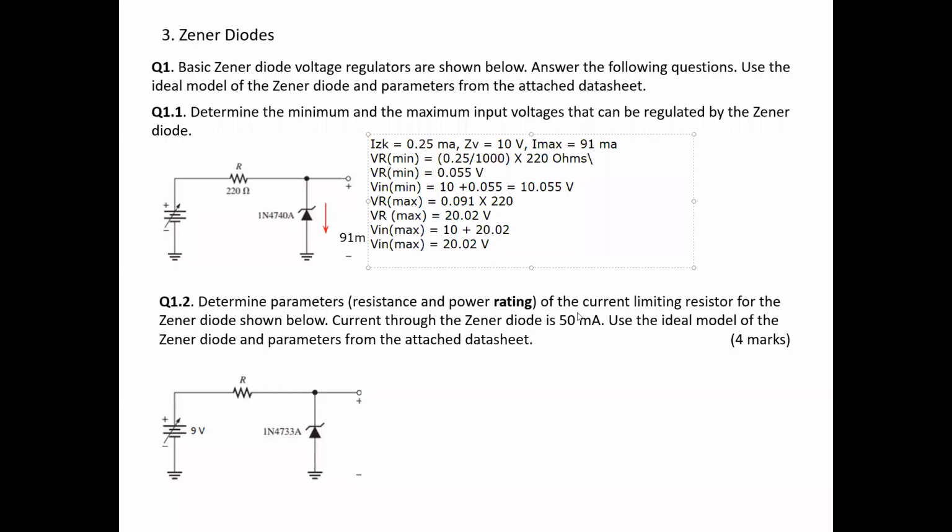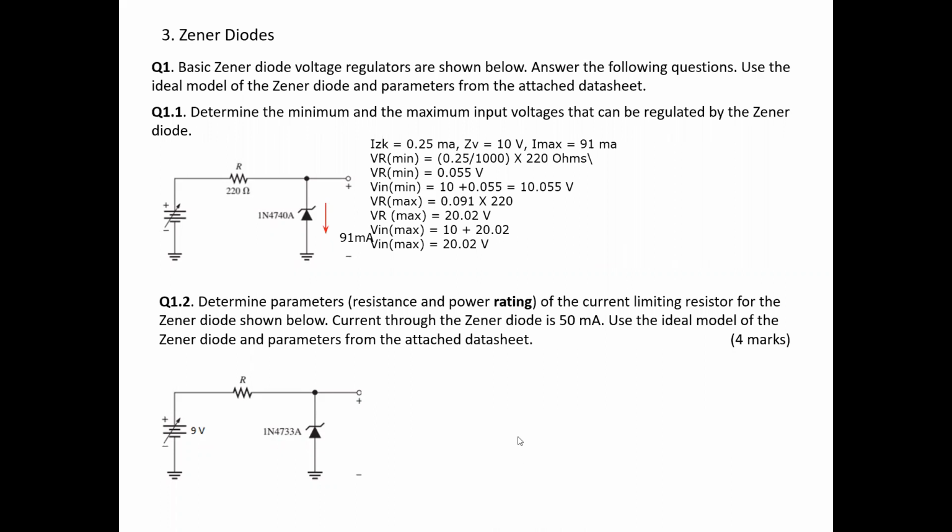Okay, now we will solve this second question. Here it is given that 50 milliampere current is maintained through the resistor. Input voltage is 9 volt. Now what will be the value of the current limiting resistor? We need to find the value of this R. First thing, we need to find the rated voltage of this one, 4733.